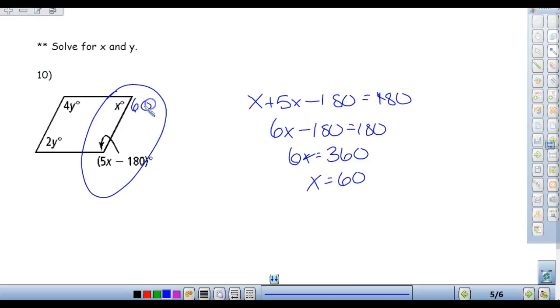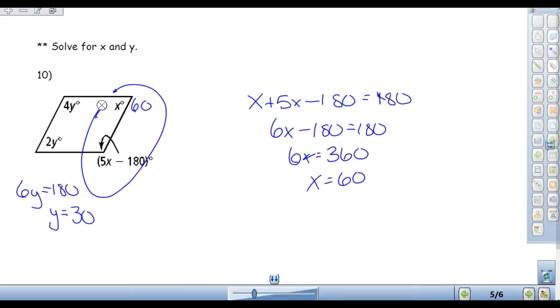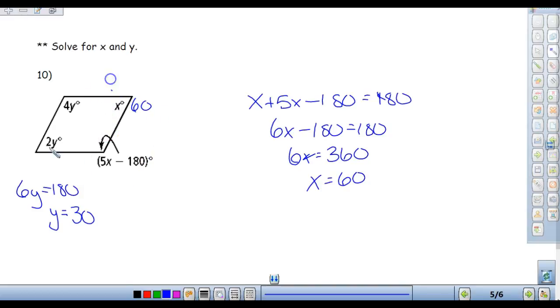Okay, so x is 60. I've got a couple different ways I can do y now that I have x. Give me one. 4y plus 2y equals 180. So I've got 6y equals 180, so y is 30. I also could have done, what do I know this angle is? 60. So this angle has to be 60, so I could have done 2y equals 60. You're going to get the same answer.